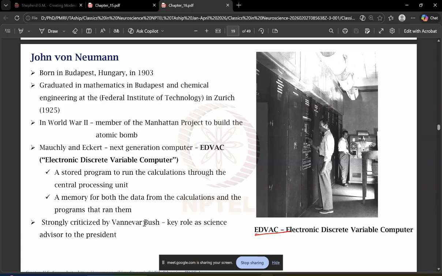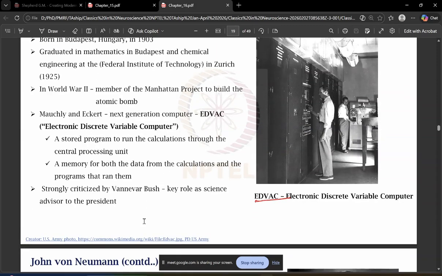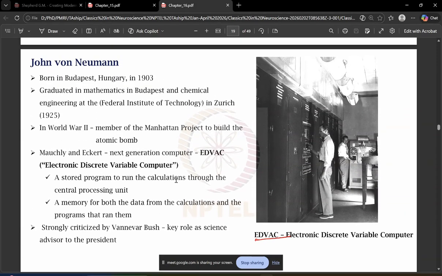Bush tried a lot to somehow keep Neumann away from EDVAC, because he didn't want Neumann to get involved, and he knew that if Neumann got involved, then EDVAC might succeed. So, in addition to criticizing EDVAC itself, Vannevar Bush also tried a lot to prevent Neumann from being a part of the project involving EDVAC.